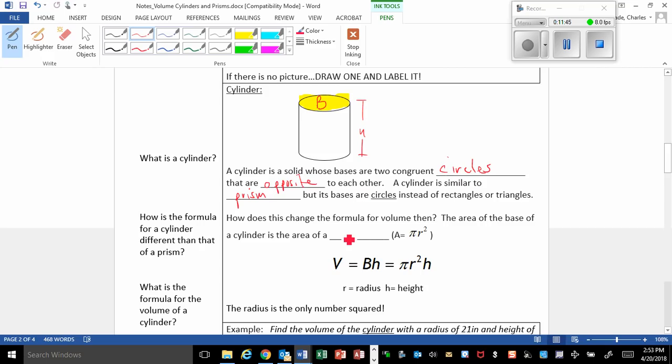The area of the base of a cylinder is the area of a circle, pi r squared. So big B times H, if we substitute in this formula for big B, gives us what's on our formula sheet: volume equals pi r squared times the height.